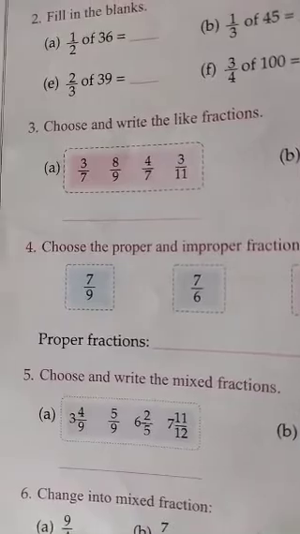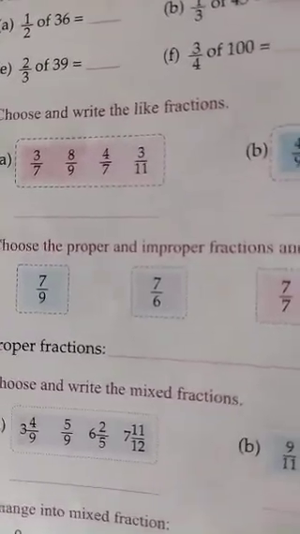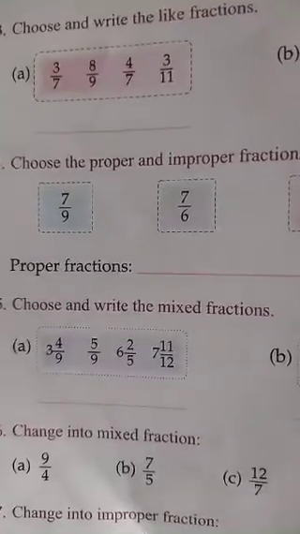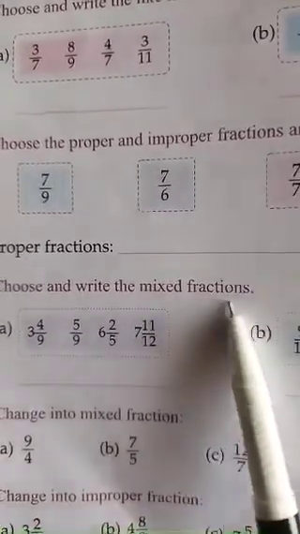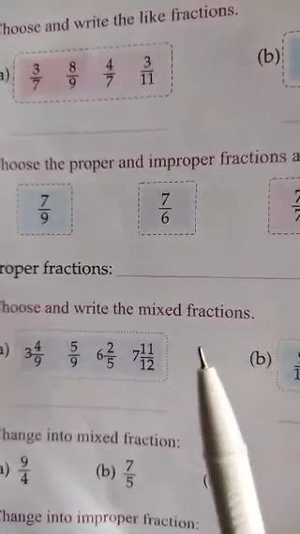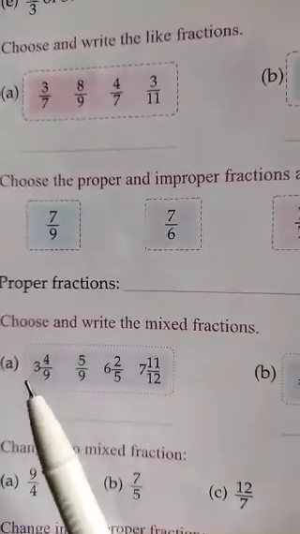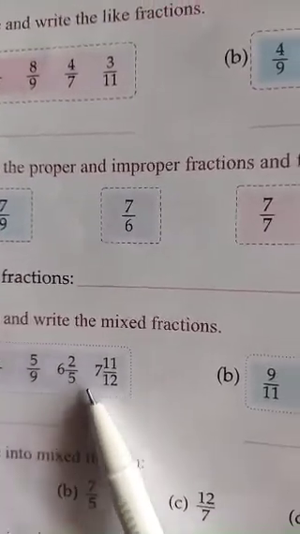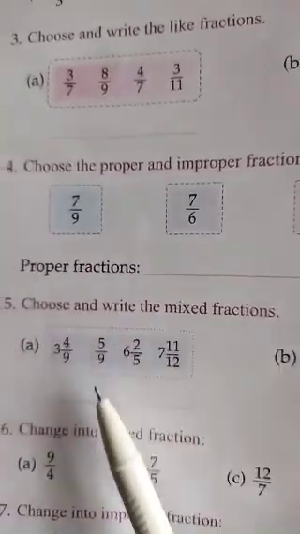Now coming on to the fifth question: choose and write the mixed fraction. Let me tell you about mixed fractions. Mixed fractions are those fractions which are written with a whole number. Like this, 3 whole 4 upon 9, 6 whole 2 upon 5. These are known as mixed fractions.